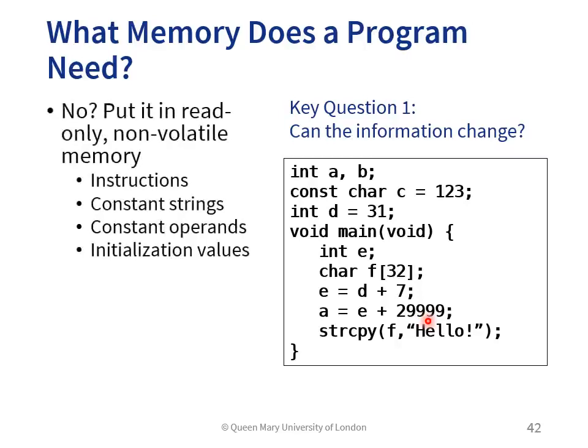If that's the case, we could just put that in read-only non-volatile memory, just like the instructions. So what are the examples? It can be instructions, some constant strings like hello in the program, constant operands, and some values for initializations. Examples: 31, 123.